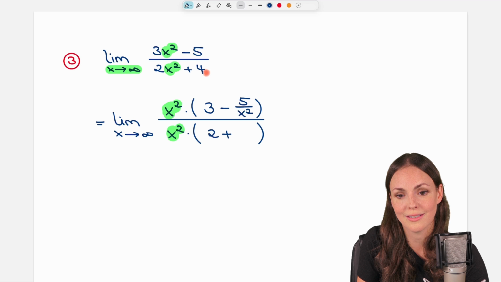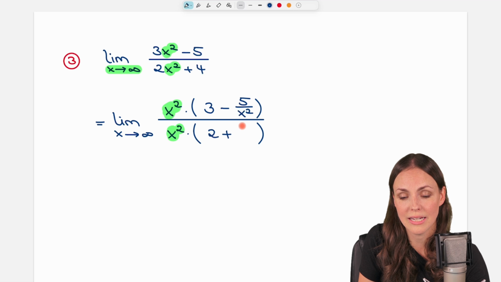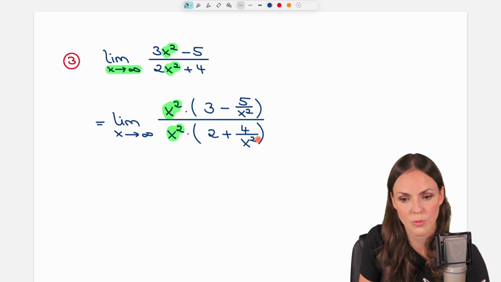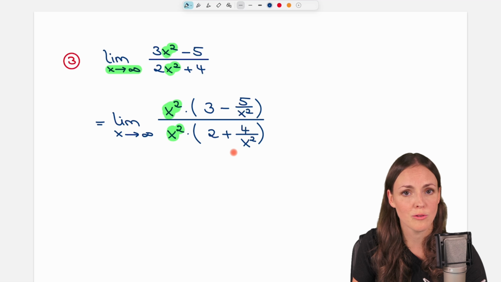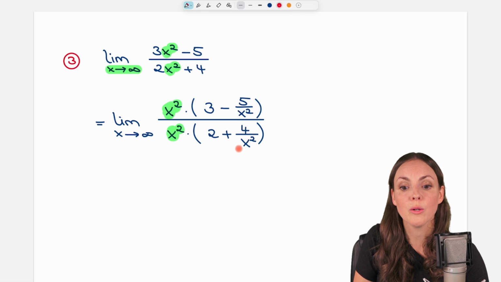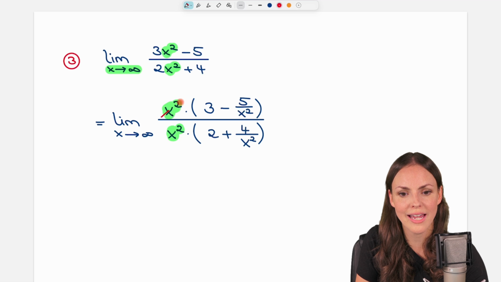Well, we just learned that we then just take this number, take the 4, and divide it by the thing we want to factor out. So we divide it by x to the power of 2. This is usually the most confusing part at the beginning, but I hope you will get used to it, because now we wanted to simplify this fraction, and because we have x squared here and x squared here, we can just cancel it out.